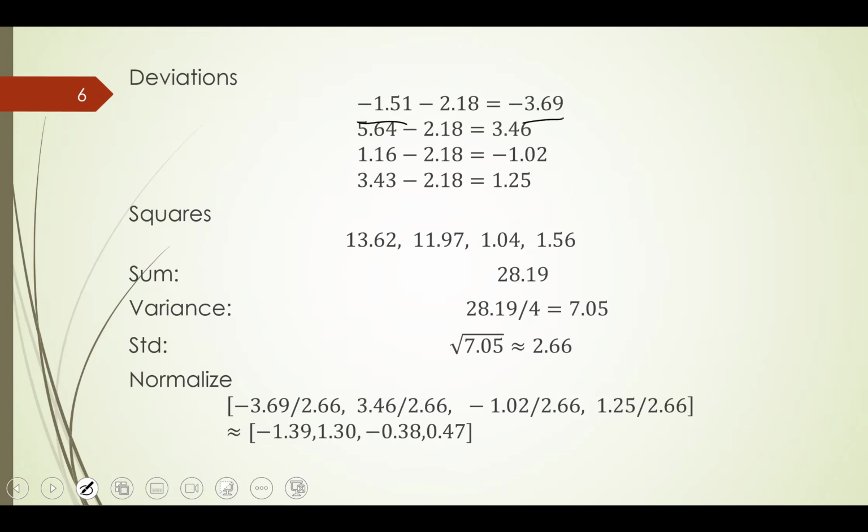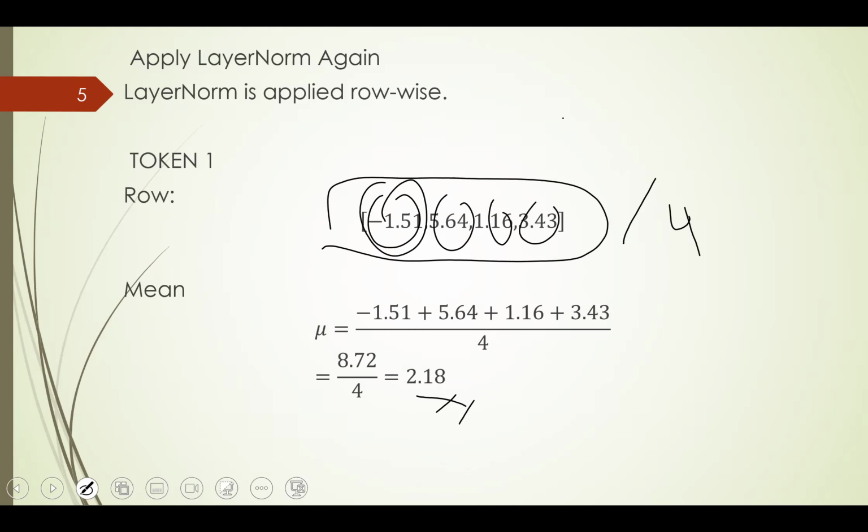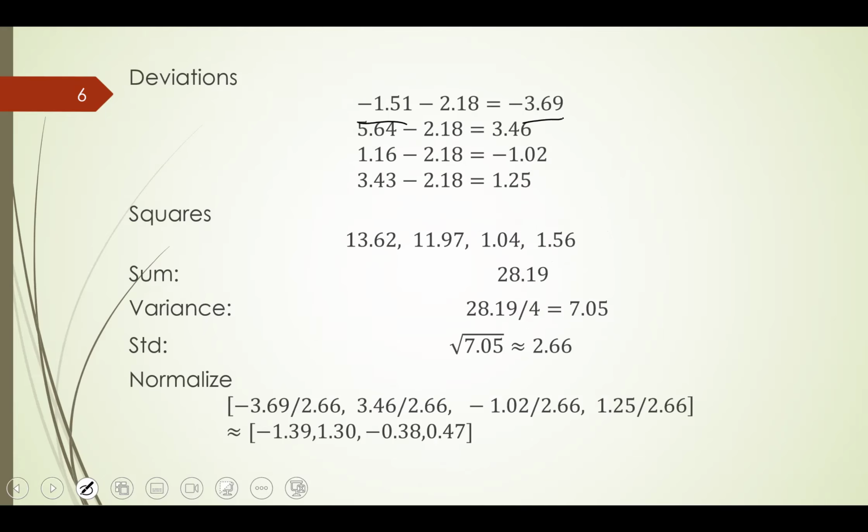So 5.64 minus mu, 1.16 minus mu, 3.43 minus mu. Then we square them, sum them up, and divide by 4. This is the variance.